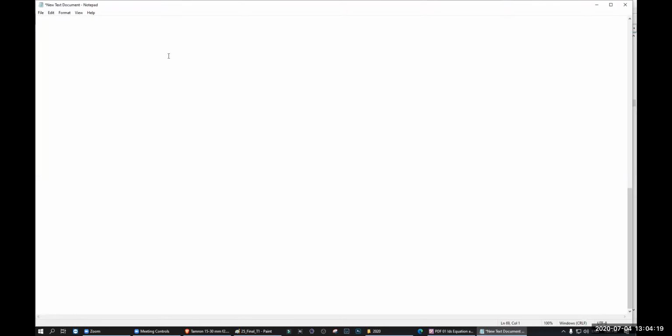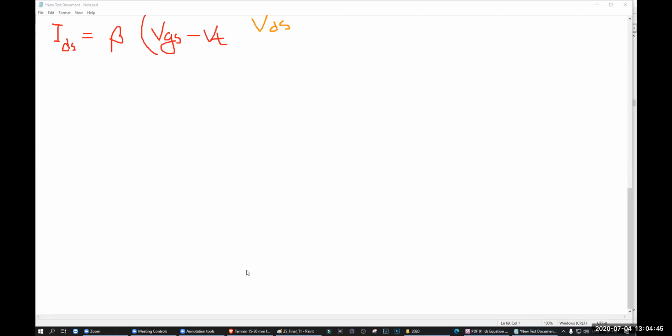Okay, let me show you something. Your equation was this. IDS was equal to beta, VGS minus VT minus VDS by 2, into VDS, okay, understood?